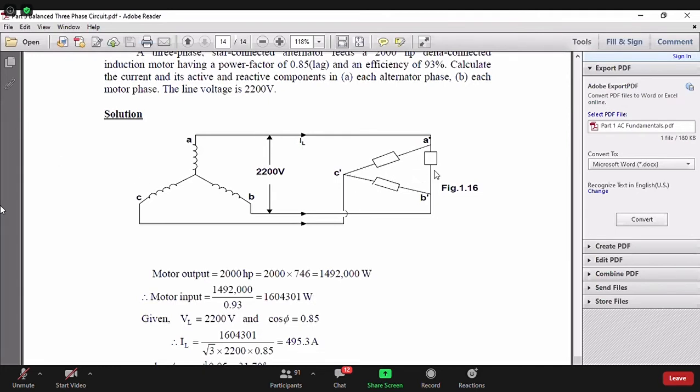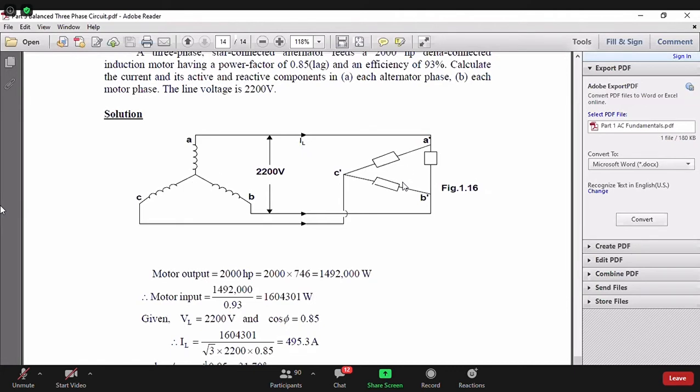So they are all different motors. So all the motors are not of same capacity. So therefore, although the source side is balanced, my load side in our power system is hardly balanced. That means we have to solve problems where source is balanced, load is unbalanced.